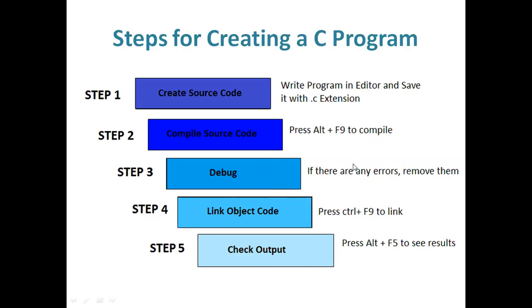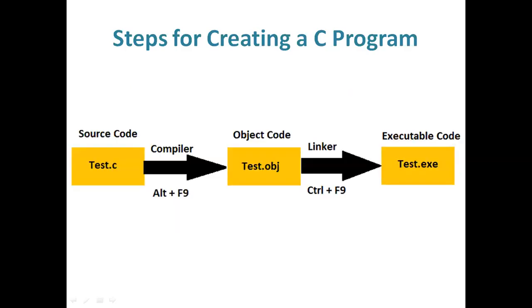After the compilation is successful, we can move towards step 4. Here we can see the source code, the program named test.c, and the compiler, using the shortcut key Alt plus F9, converts it into the object code, and its extension changes from .c to .obj.